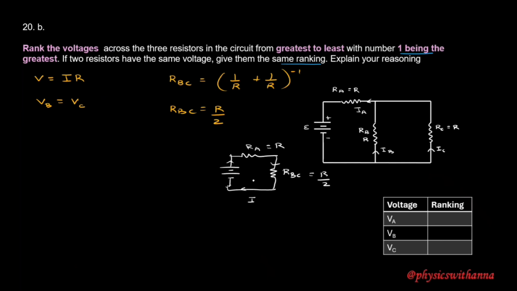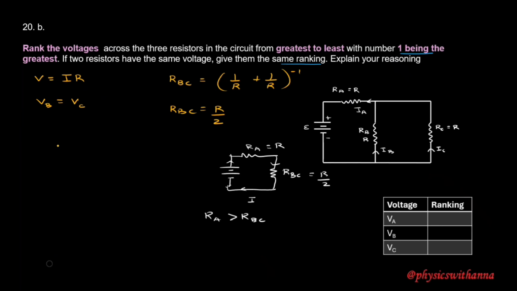Now here the current through the circuit is the same. So the resistor which has the greater resistance will have greater voltage, because voltage is directly proportional to the current and resistance. If I value remains constant, whichever resistor has greater value of R will have greater potential difference. So here RA is greater than RBC. That means the potential difference across RA must be greater than the potential difference across RBC.